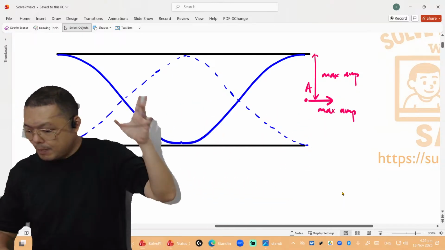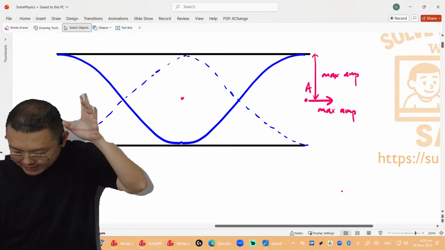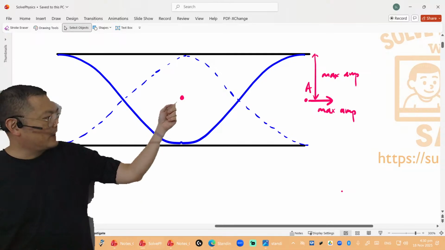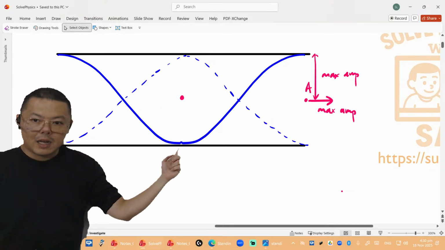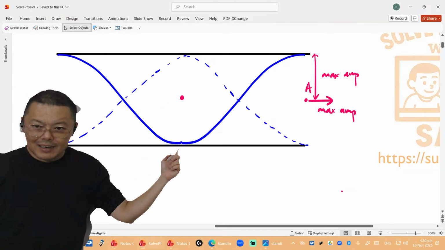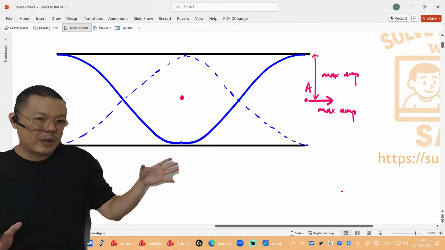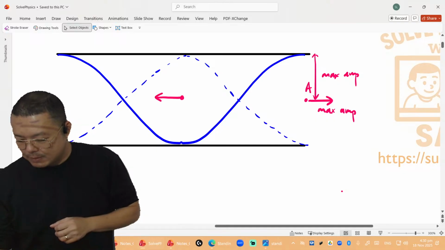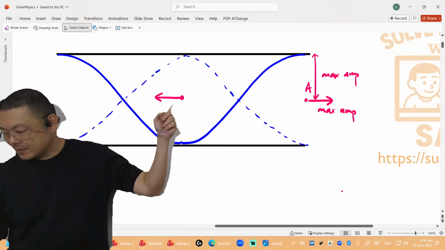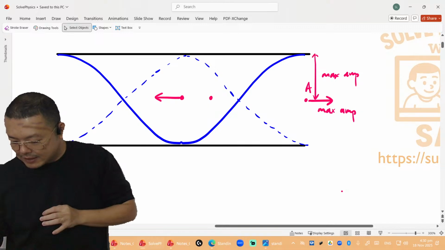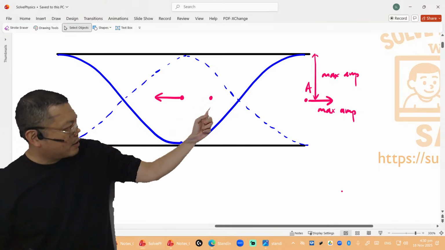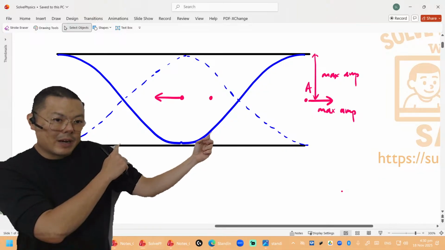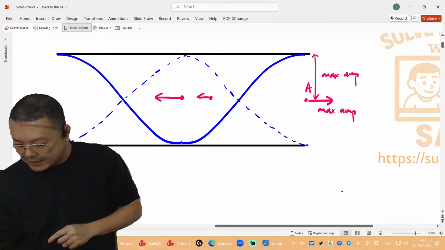Okay? How about a particle here? According to the graph it is the most negative, so which means that this particle has gone where? To the left. So it has maximum amplitude to the left. Let's try another particle here. When you look at the graph, it's also negative, but not as much as that one, so you draw an arrow here like this.